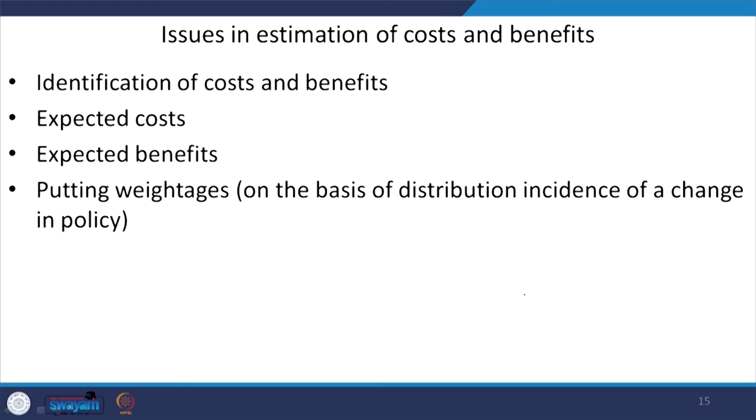But still there is a doubt, or a controversy, whether we are able to identify those less privileged sections. And if you are not doing this exercise properly, then obviously the distributional incidence of this particular policy, based on which we are putting the weightage, will not be a right exercise.